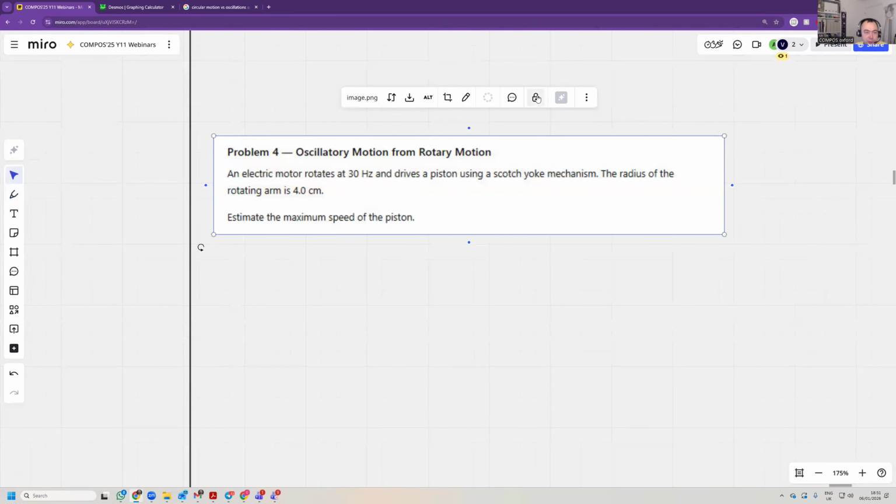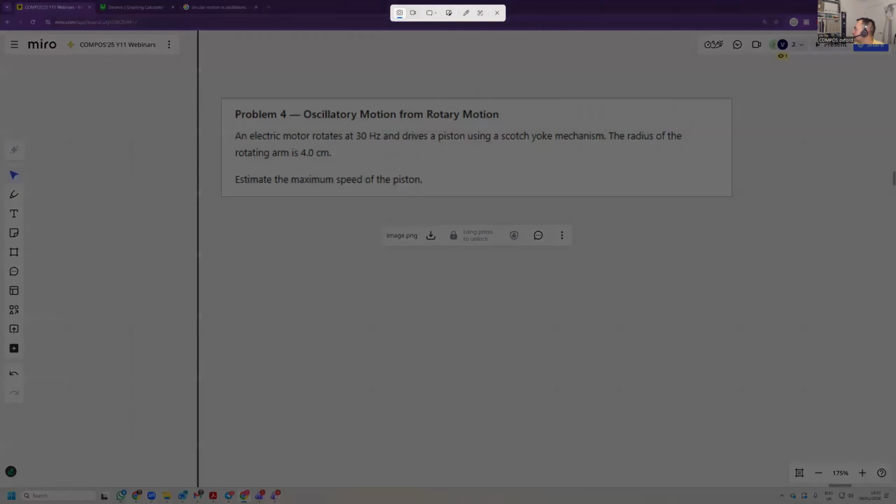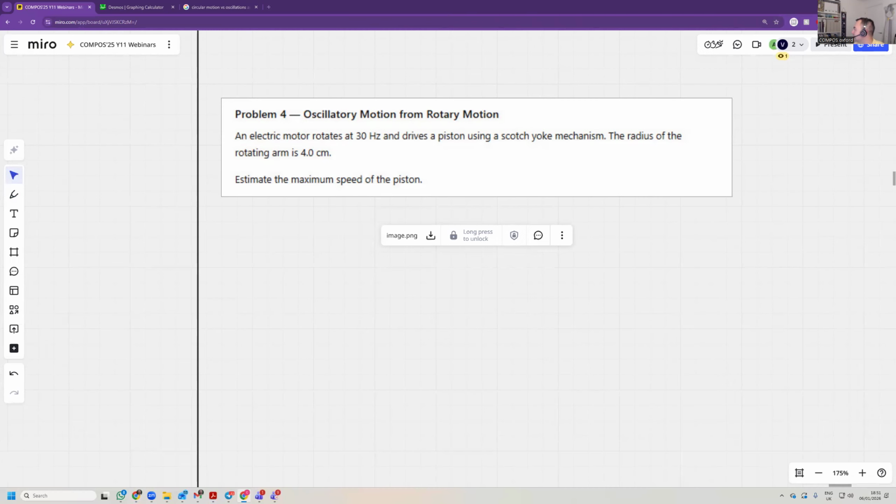Oscillatory motion from rotary motion. An electric motor rotates at 30 Hertz and drives a piston using a Scotch yoke mechanism. And that looks like this.